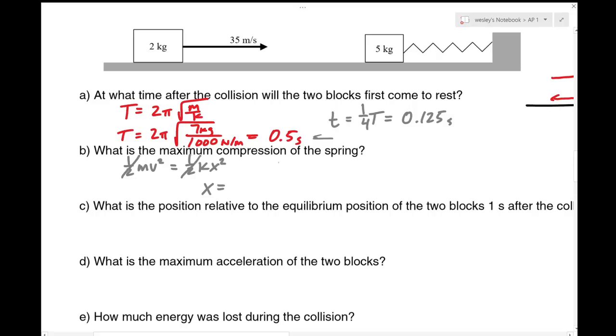So x here is the square root of mv squared over k. That's the square root of 2 kilograms times 10 meters per second squared divided by 1,000 newtons per meter. So the maximum compression comes out to be 0.84 meters.